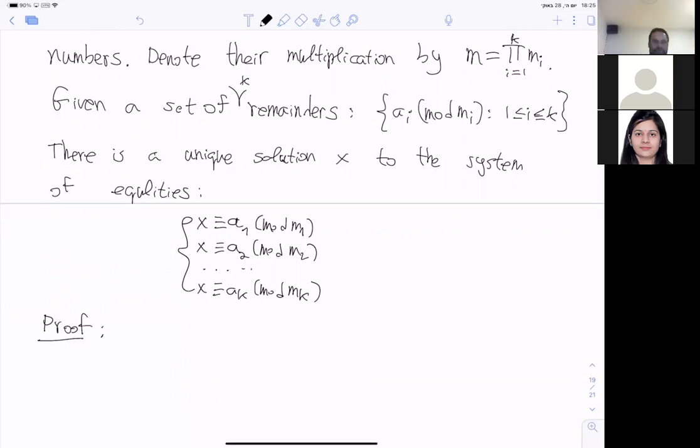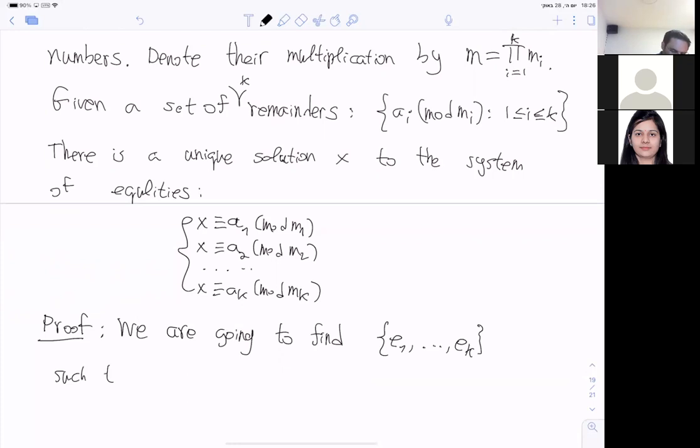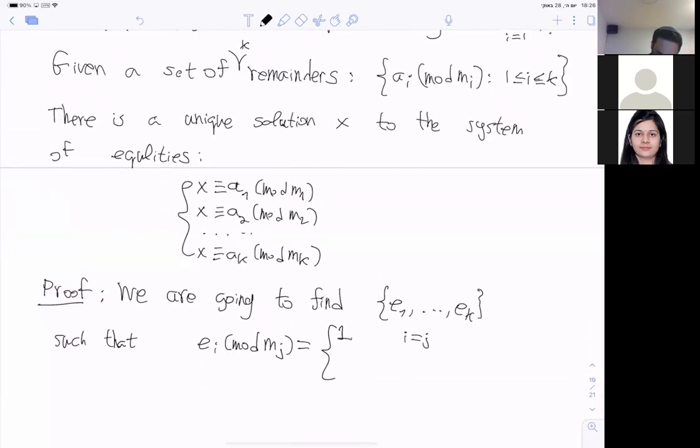We are going to find E1 until EK, numbers such that Ei modulo Mj is 1 if i is equal to j, and if i is not equal to j, then it is 0.